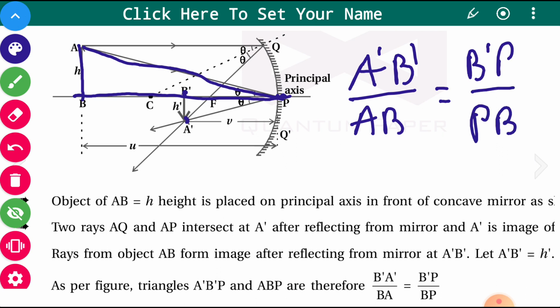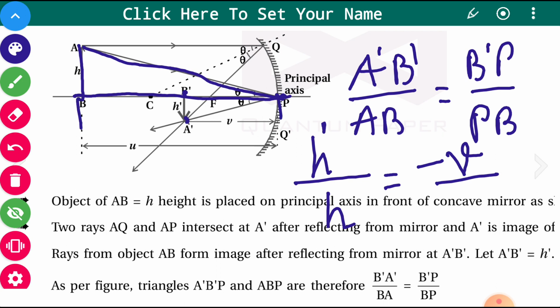Now A prime B prime is nothing but the height of the image and AB is the height of the object, so it becomes H prime upon H. B prime P is the image distance, that is minus V, and PB is the object distance, that is minus U. Now try to understand: this A prime B prime is below the principal axis, so we have to take this H prime as negative.